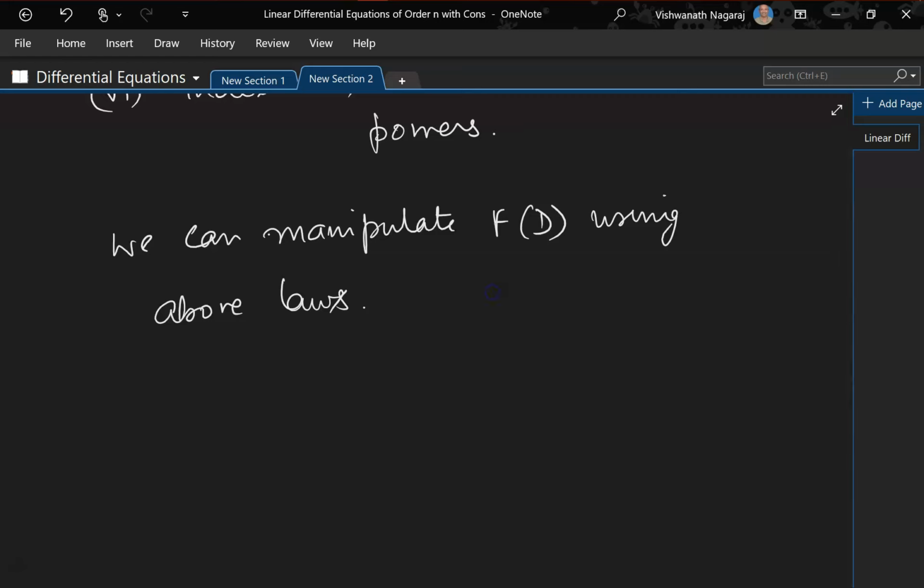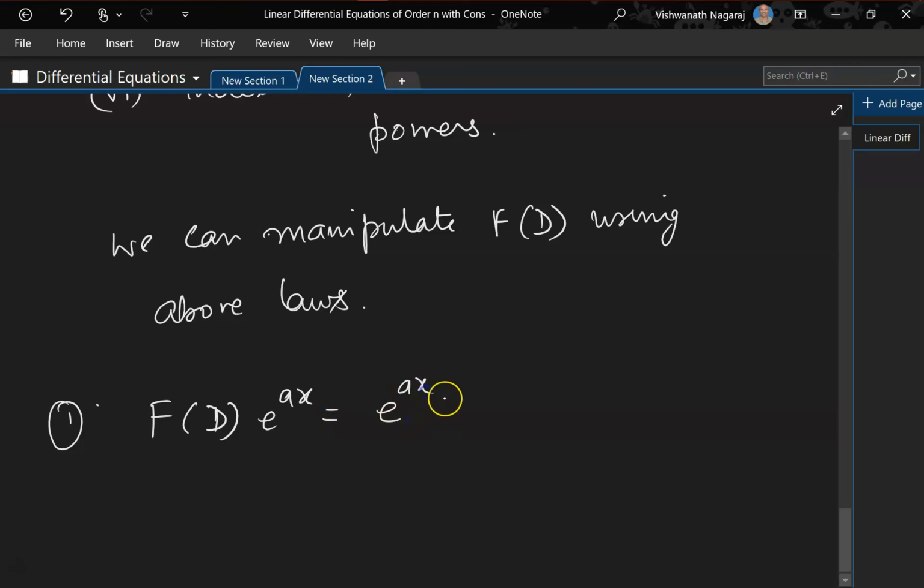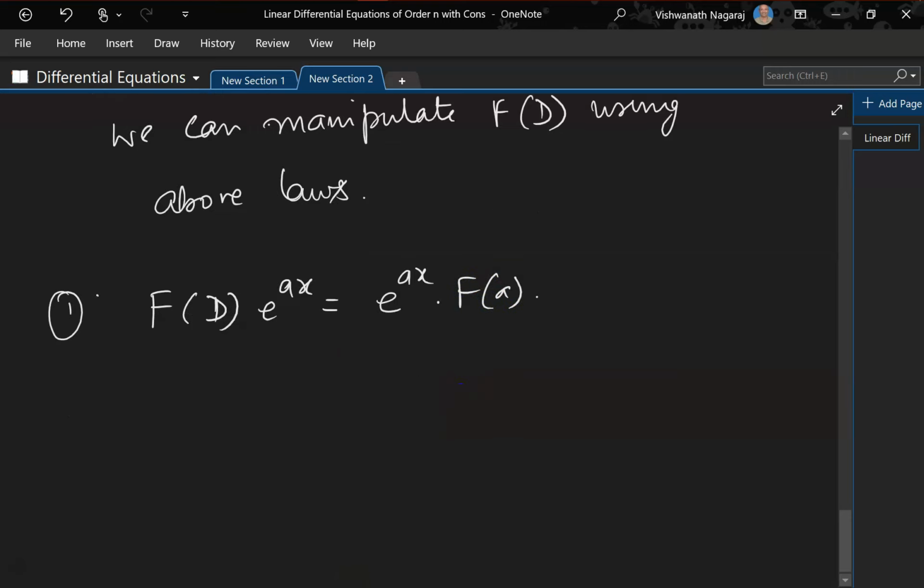Now there are certain results which can be very useful in solving these differential equations. One of them is F of D times e to the power of ax is equal to e to the power of ax times F of a. Let's see how we can prove this. F of D e^(ax) can be written as, remember F of D, a naught D^3.